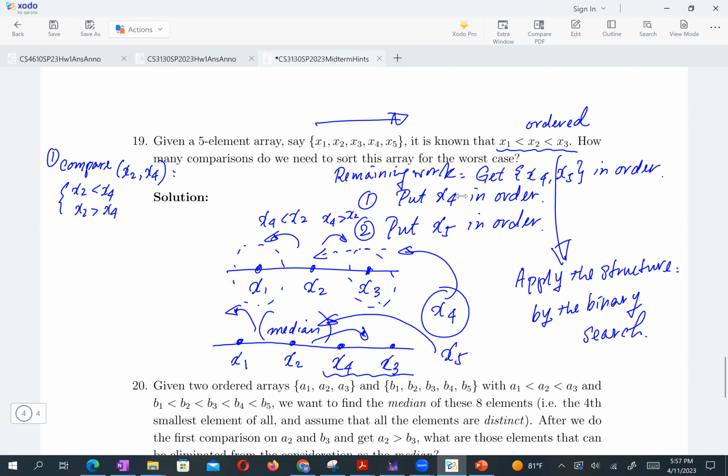If x2 greater than x4, then if you apply the binary search, what's the next comparison? And similarly, if x4 greater than x2, what should be the remaining comparisons?